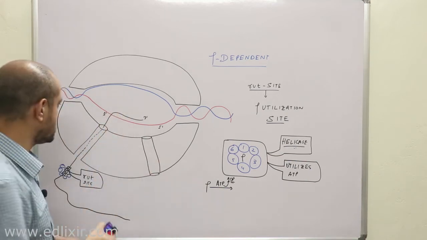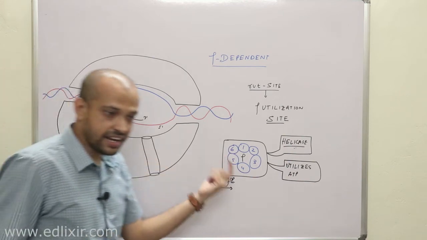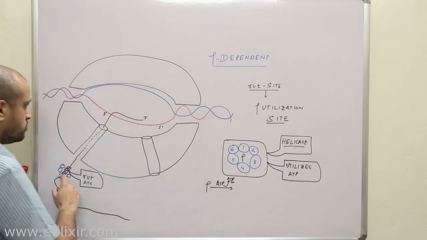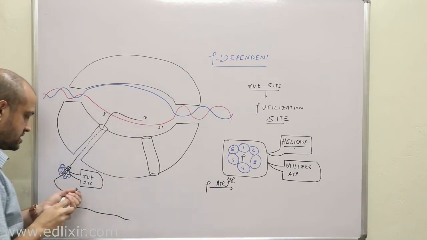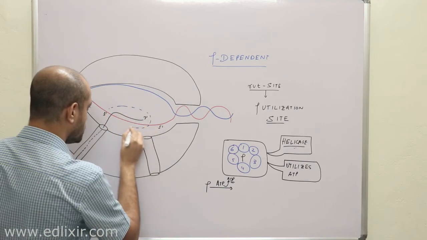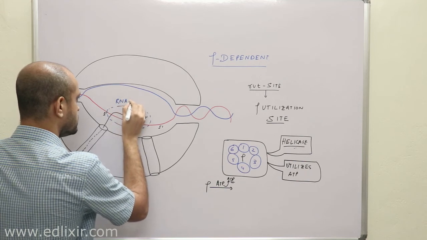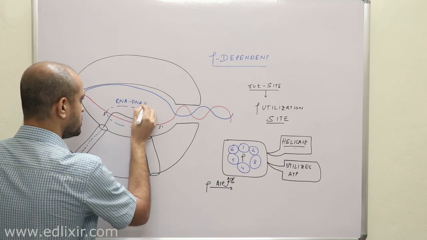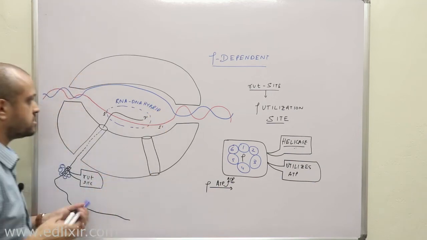Now another mechanism is this, that with the help of energy derived from ATP, rho moves into this site where there is the RNA-DNA hybrid.